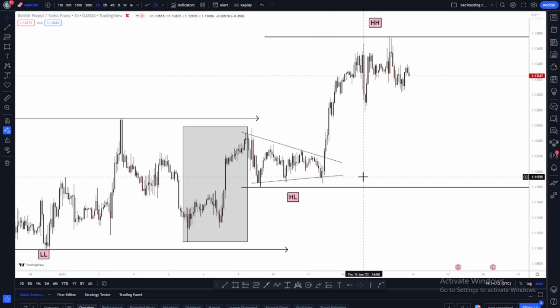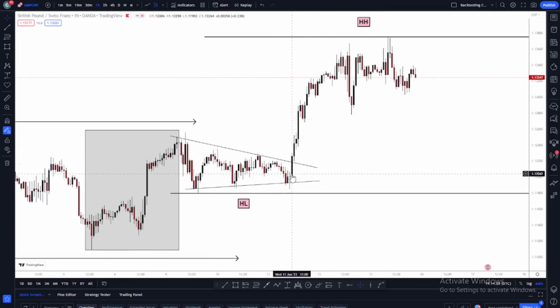Yes, price closed above the chart pattern with this bullish candle, which is a momentum candle, giving us an indication that price is about to rally to the upside, or the bulls are still in control.